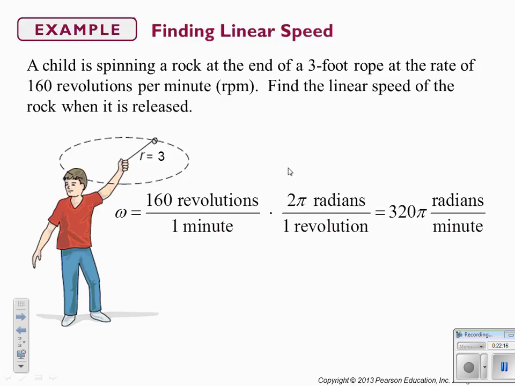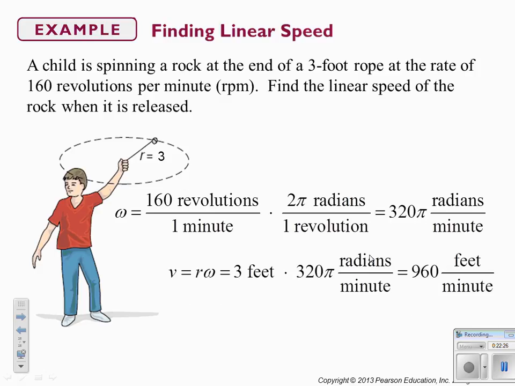We're going to convert that to radians. 2 pi radians is 1 revolution, so it's 320 pi radians per minute. The speed is R omega. We found that omega is 320 pi, so it's 3 times 320 pi. And we get 960 pi feet per minute. That thing's cooking.